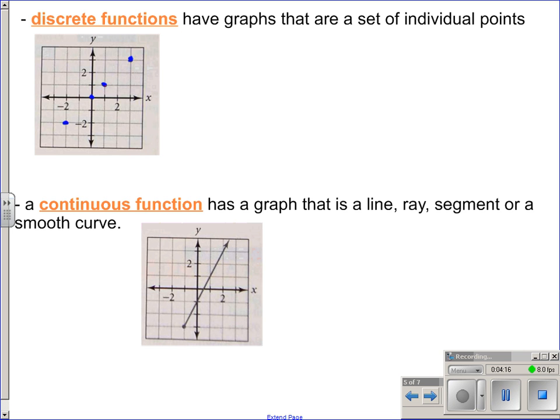That's all it is. You're not connecting them with anything. A continuous function is a graph that is a line, ray, segment, or a smooth curve. That's what you're used to dealing with most of the time. Could start anywhere. As long as all the points are connected with some sort of line fragment or a smooth curve, that's a continuous function. And that's all you're really looking for. Again, just some terminology.